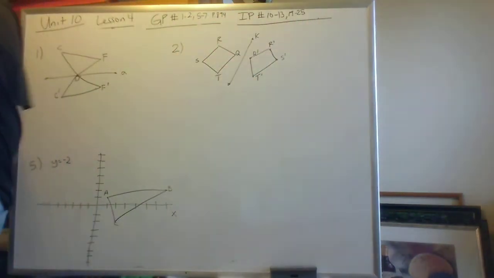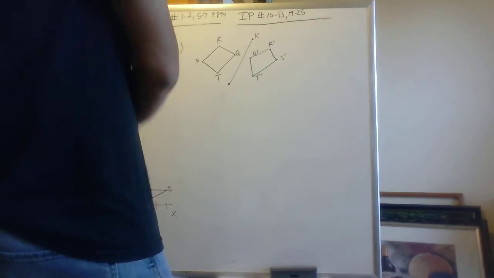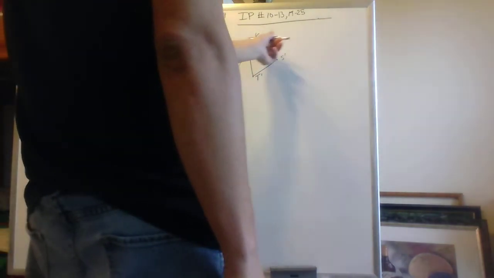Let me see an example because it is hard without a ruler. Yeah, so essentially that would be it. You're going to just basically reflect it over that line.